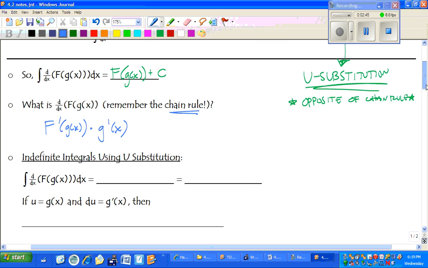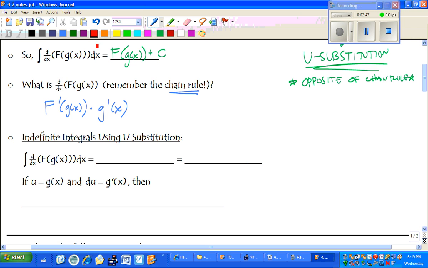So, building off of what we've talked about already, the antiderivative of the derivative of capital F of g of x is the same as the antiderivative of what we just did here: the derivative of capital F of g of x times the derivative of g of x times dx.